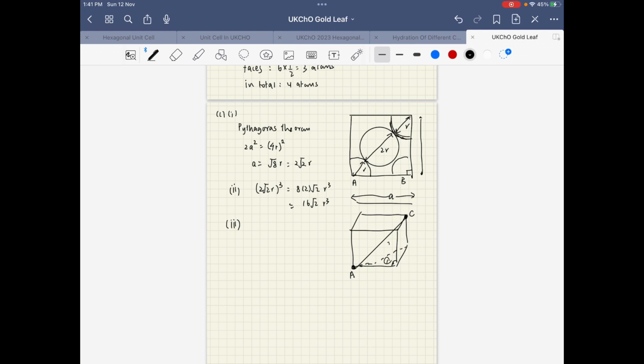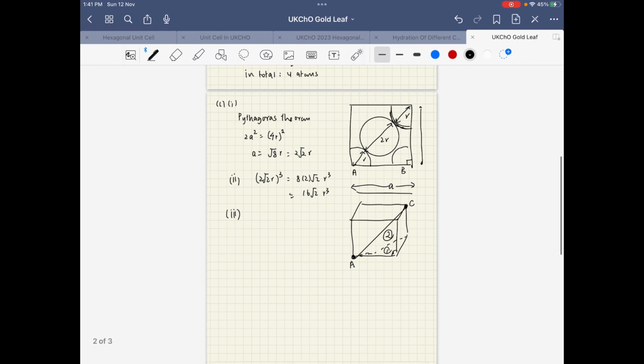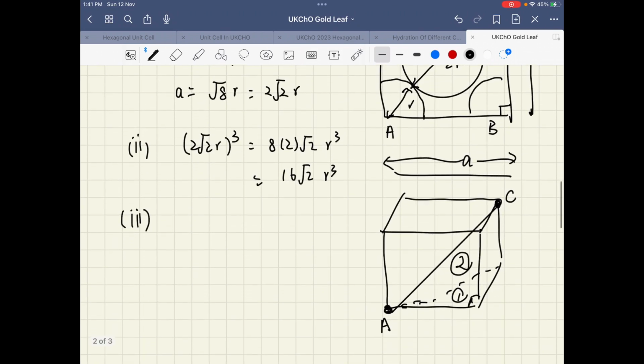So first I have this triangle 1 and 2. So the triangle 1 is on the base of the cube, and you can find the diagonal of this side using the Pythagoras theorem still, and so it's 2A squared equals the diagonal squared.